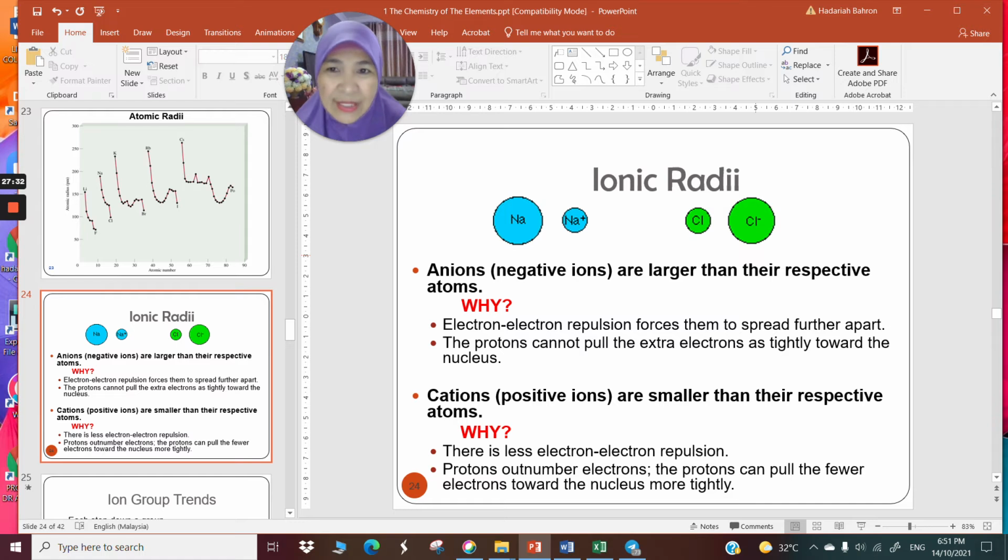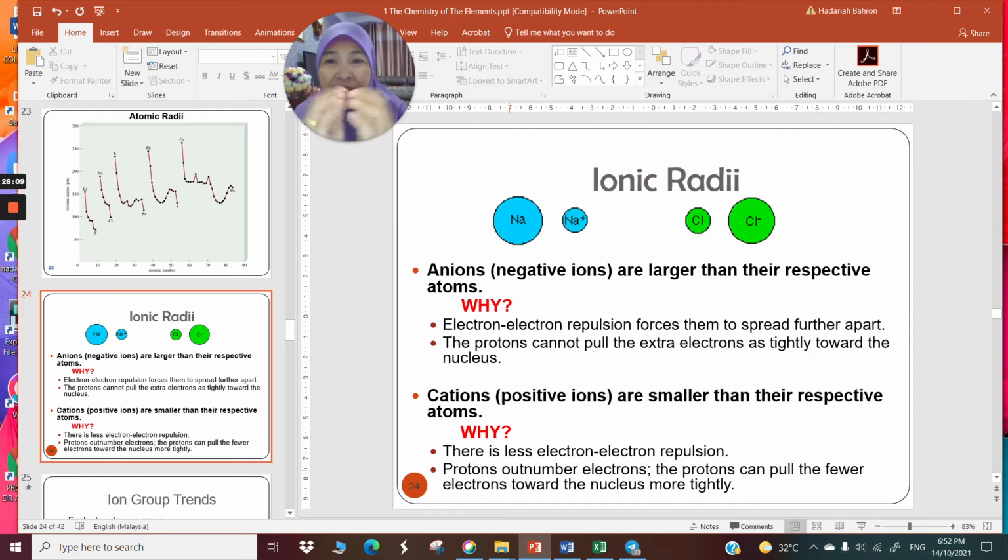However, for cations, when you are producing cations, you throw away electrons, and they become positive ions. They are a lot smaller than their respective parent atoms because when you have removed 1 electron from the outer shell, for example, sodium 2.8.1, when you remove that 1 electron on the outer shell, you're going to be left with 2.8.